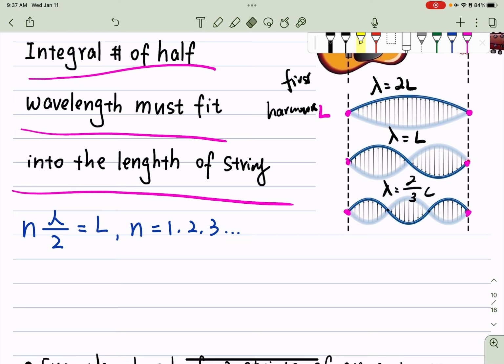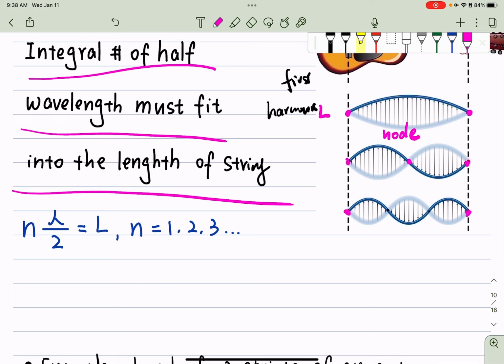And on this figure, I'll just remove some of these numbers. We also have another concept called node. What that means is in my standing wave, whenever you have a point where the wave actually has a value of 0.